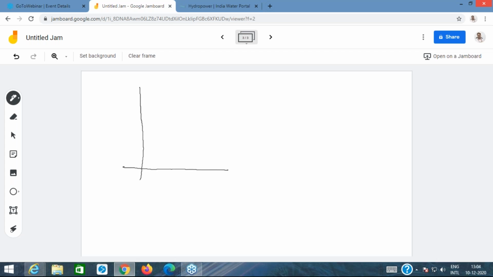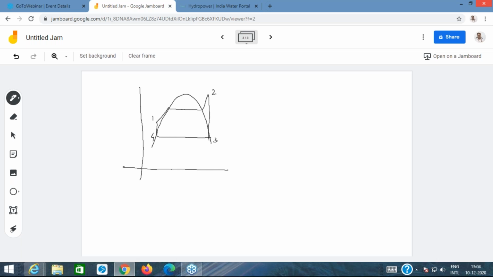So let me just draw the diagram where one can think of decreasing the condenser pressure. So let us construct first the basic cycle. Let us say this is a basic cycle wherein this is your 1, this is your 2, this is your 3, and this is your 4.